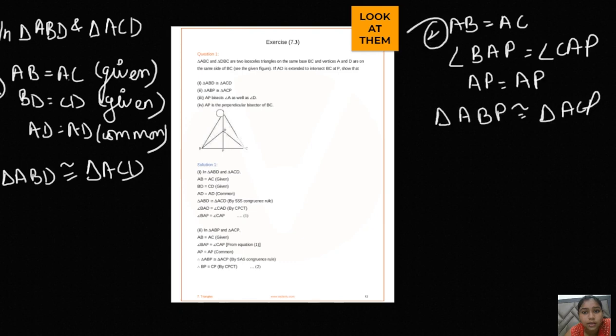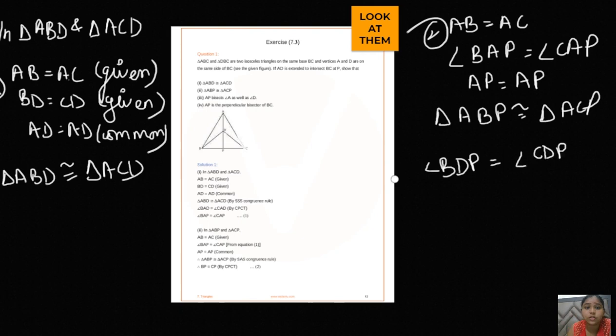The third part is AP bisects angle A as well as angle D. We have already proved that AP bisects angle A with the help of CPCT. Then AP bisects angle D. So how will we prove that AP bisects angle D? Basically we have to prove that angle BDP is equal to angle CDP.